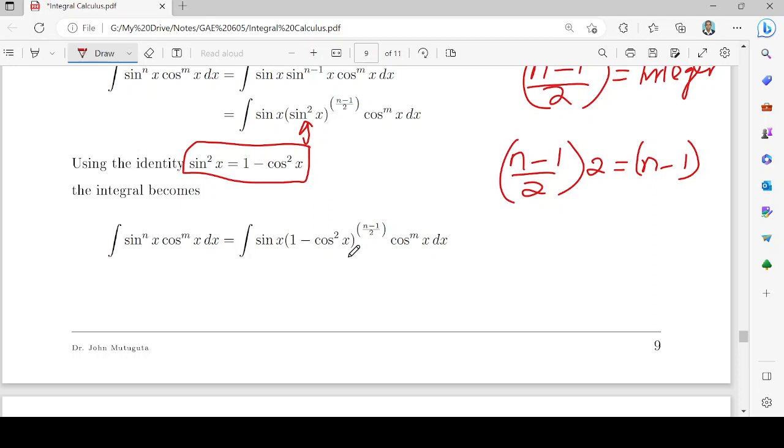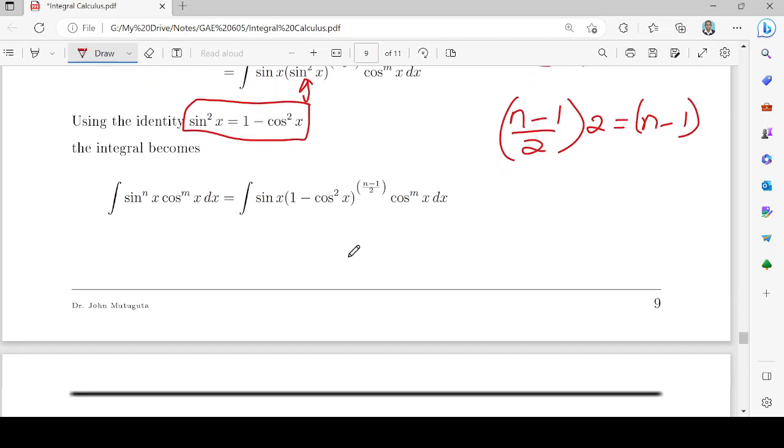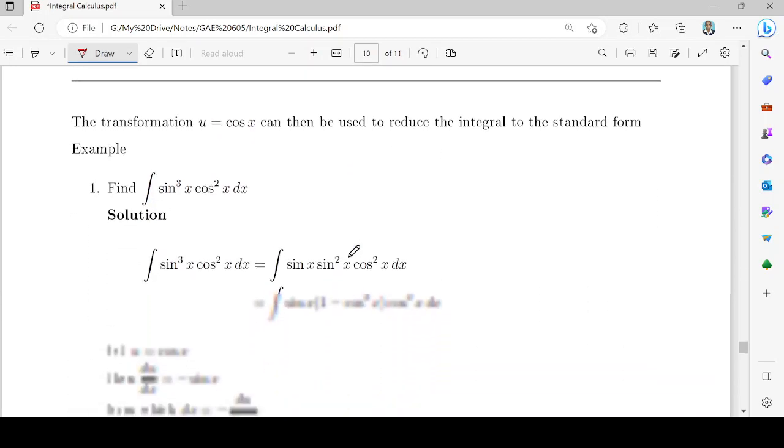And once we write it in this form, then it will be possible to apply a method similar to algebraic substitution, to reduce this into the standard form.